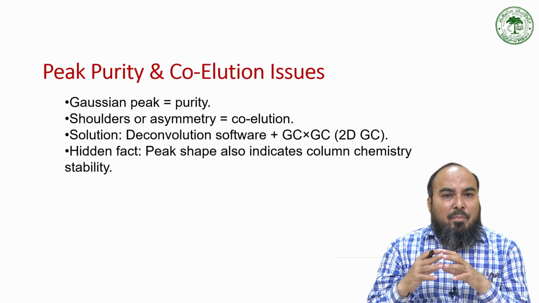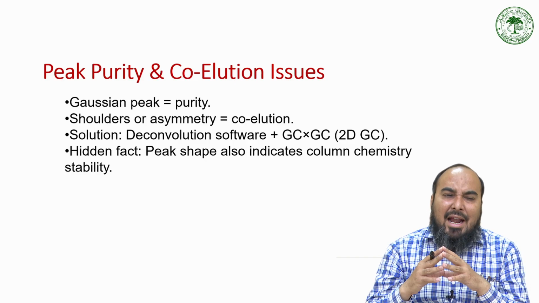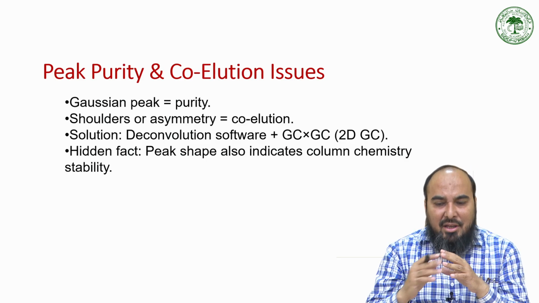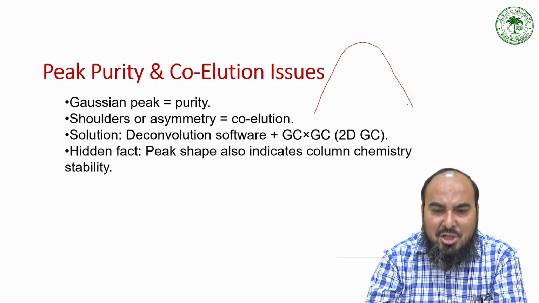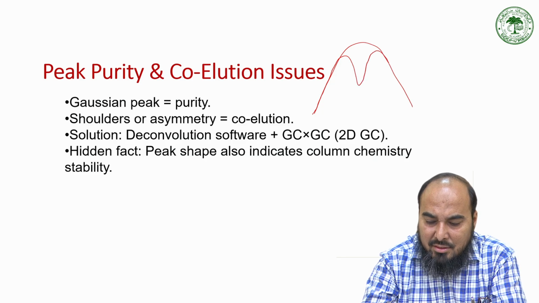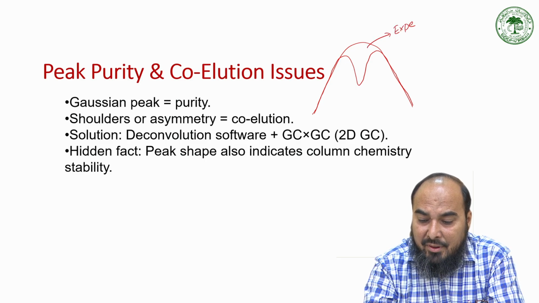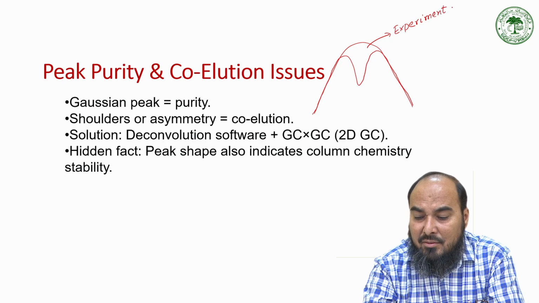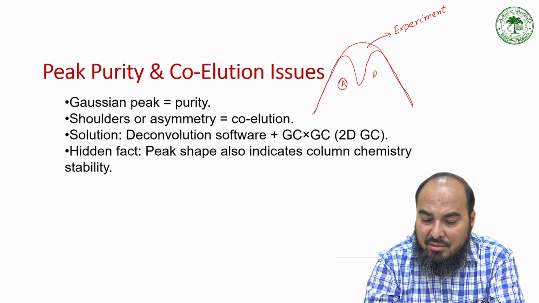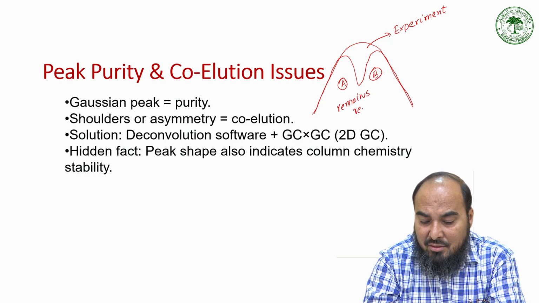Now, peak purity and coelution. Ideally your peak must be Gaussian in shape, and that tells you about the purity, because if you get a broad peak, then there are chances that it has actually superimposed two components, A and B. That is, A and B remain unresolved here.